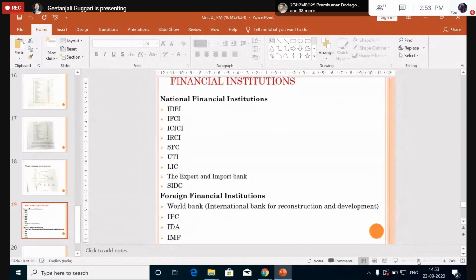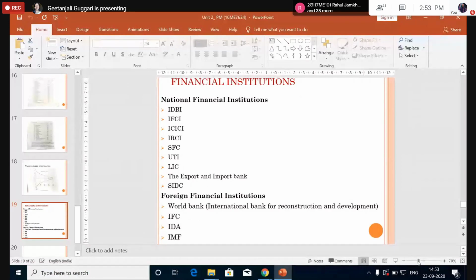That means you are taking loans from the financial institutions, the national financial institutions and the foreign financial institutions. So IDBI is nothing but the Industrial Development Bank of India.